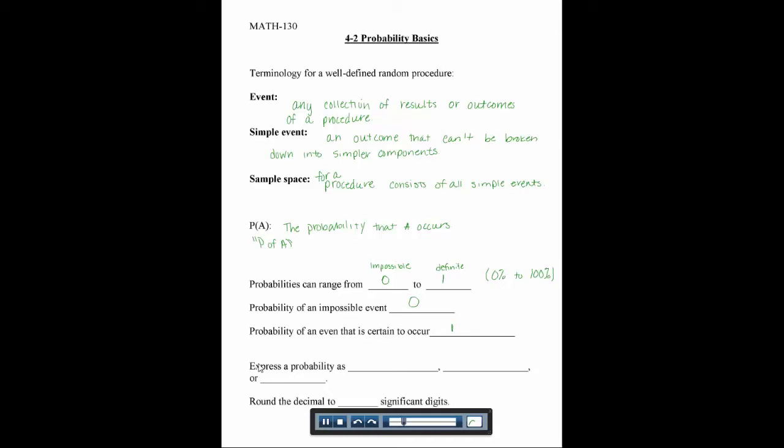Okay, we have 3 different ways that we can write a probability: as a fraction, as a decimal, or as a percentage. Okay, and when we do have a decimal, we're going to round that to 3 significant digits.